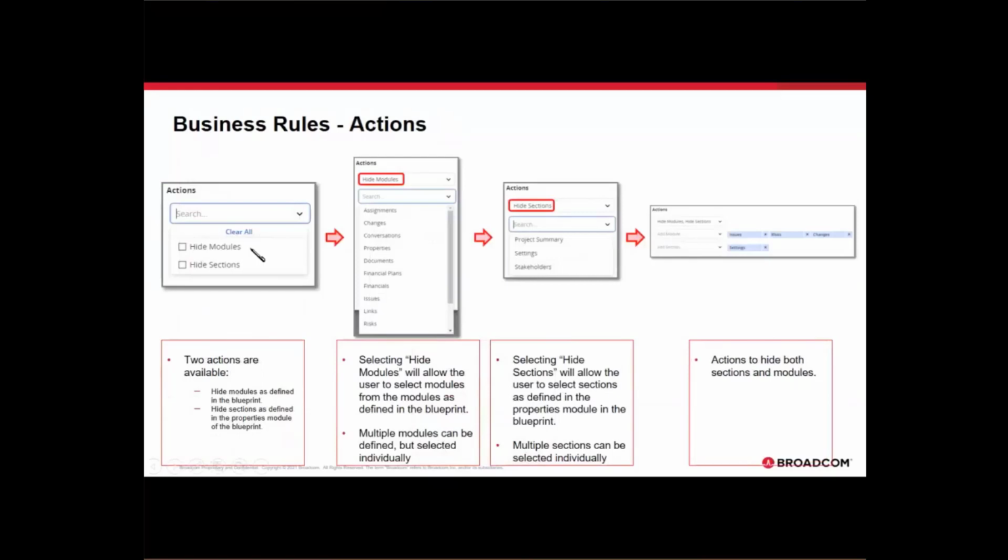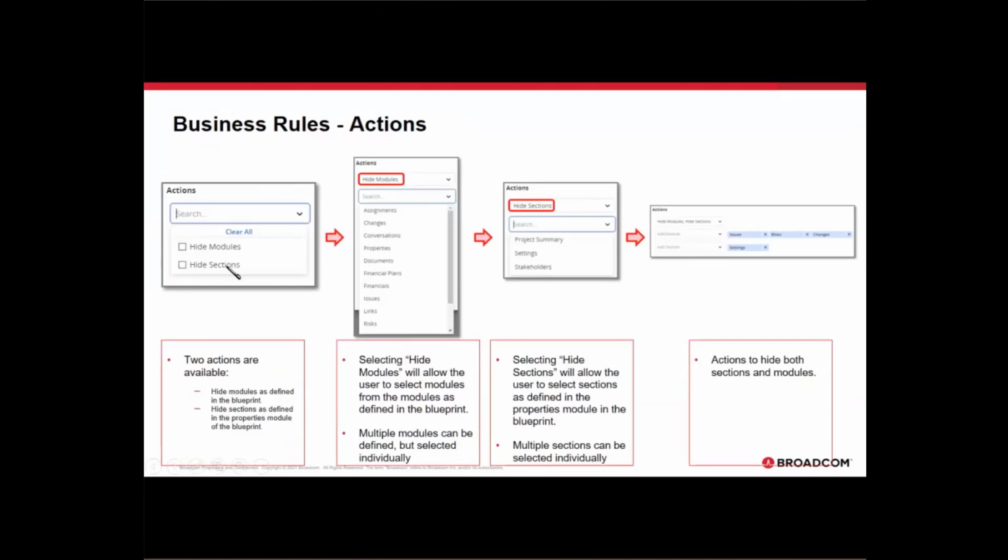Hiding the module will hide those modules that are defined within that blueprint, and hiding a section will hide the sections within that blueprint. Selecting hide modules will then give you the option to pick any of those modules that have been defined within that blueprint. You can select multiple by picking one at a time.